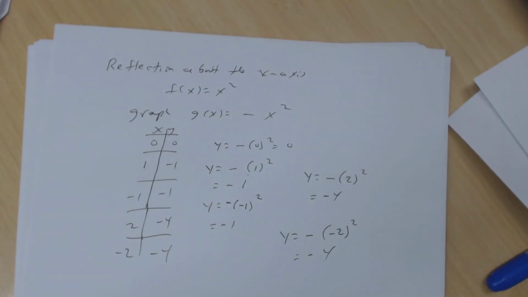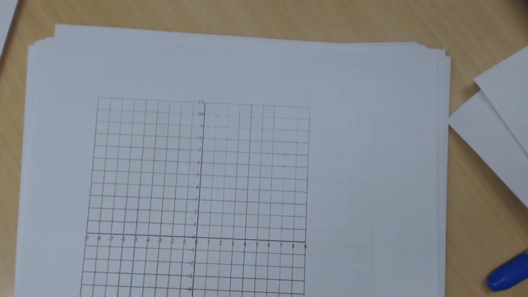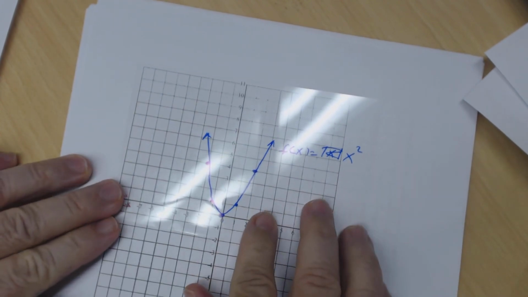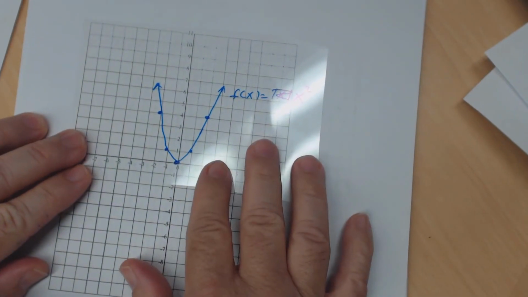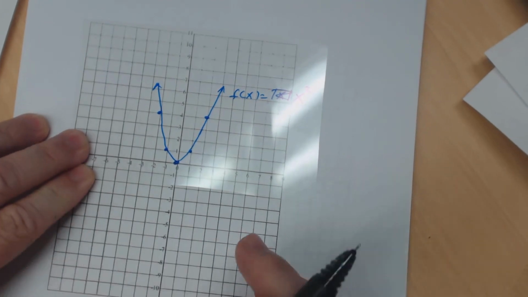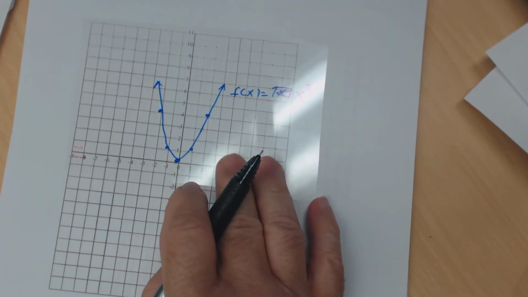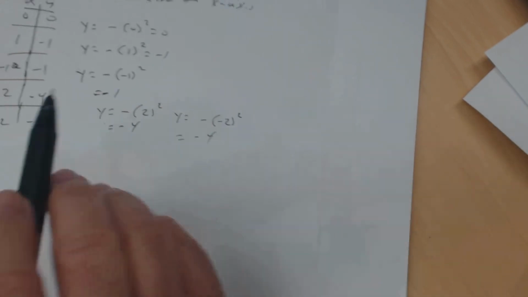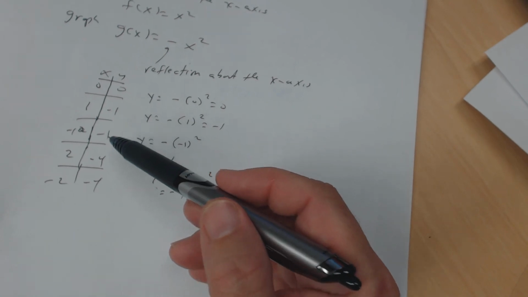So when we graph this, I want you to notice something. Here is my parent function. What I'm saying is that 0, 1 became 0, negative 1.